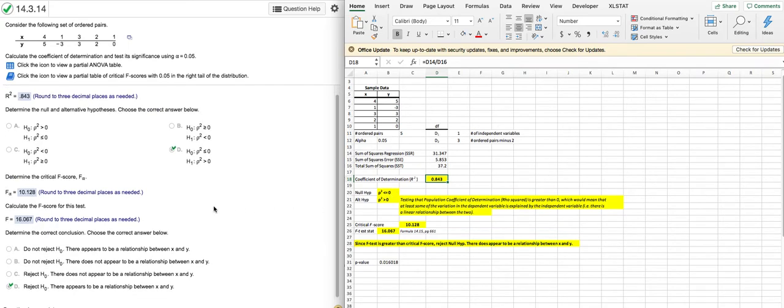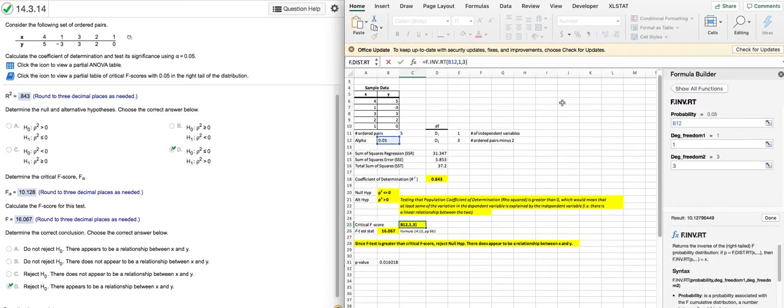Moving on, we calculate our critical F-score, and for that we use an Excel function, F.INV.RT.